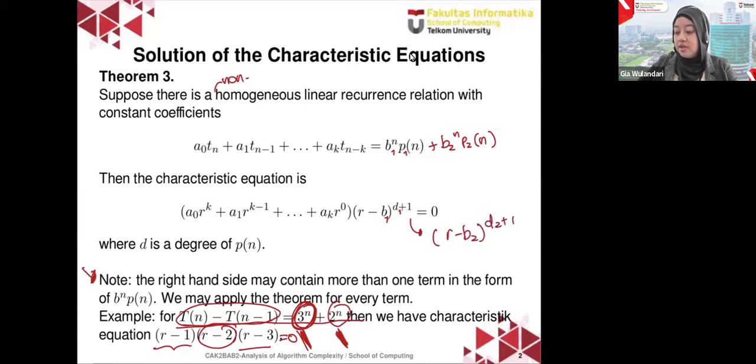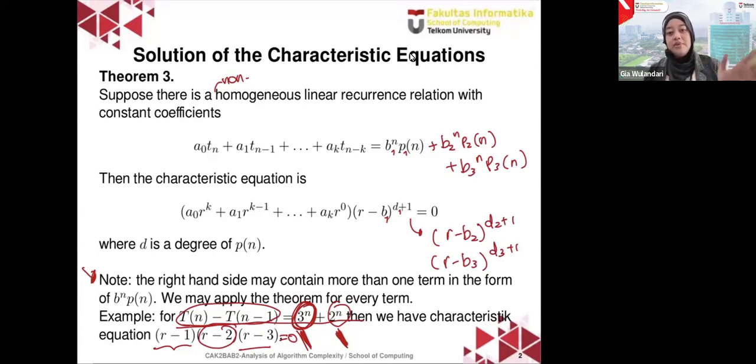And if you have another term again, then you just need to add another set of factors, and so on. Okay, so this theorem can be applied to multiple terms in the right hand side.